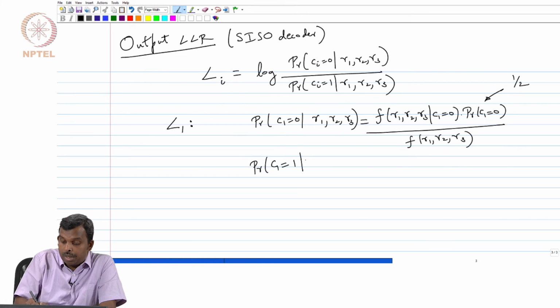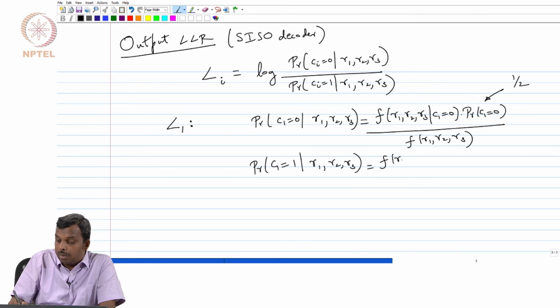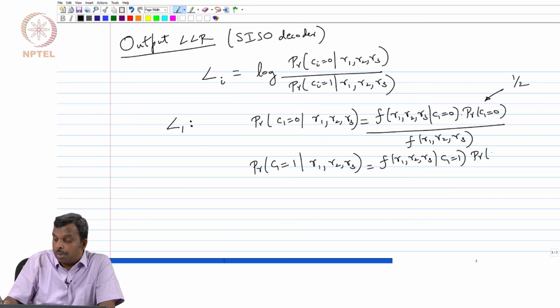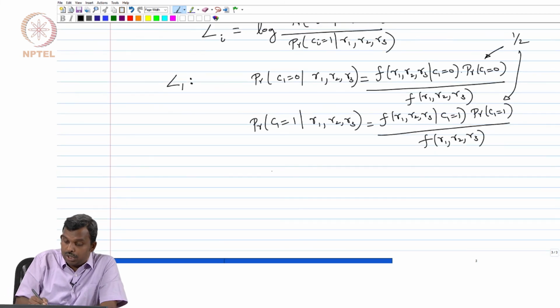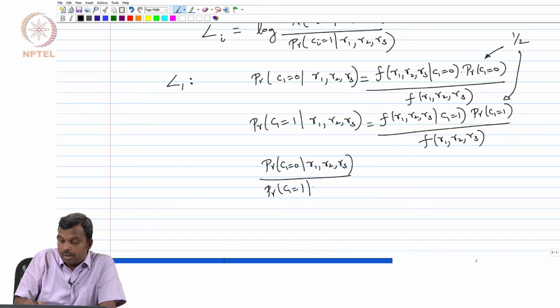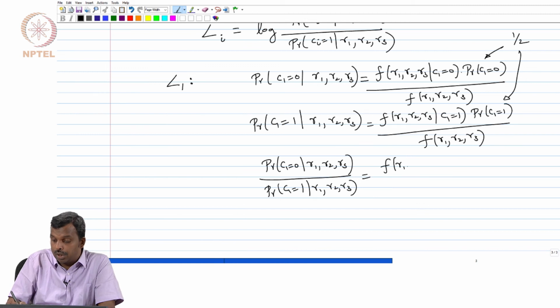Likewise, you can also write probability of C1 is 1 given R1, R2, R3. This will be f of R1, R2, R3 given C1 is 1 times probability of C1 is 1 divided by f of R1, R2, R3. For the repetition code this is a fairly simple computation. If you take the ratio, you get probability of C1 equals 0 given R1, R2, R3 divided by probability of C1 is 1 given R1, R2, R3, which is simply the likelihood ratio.